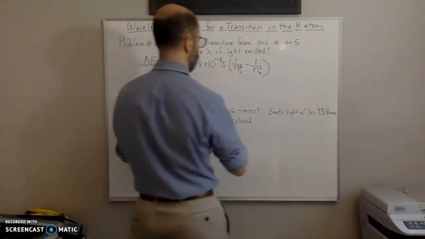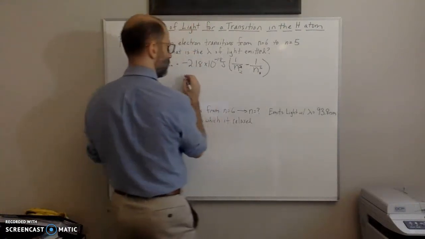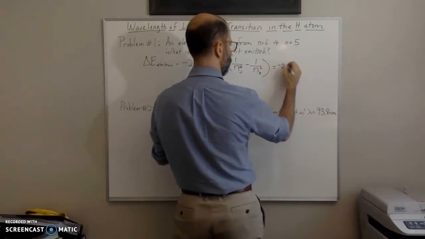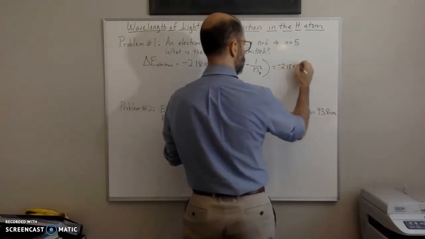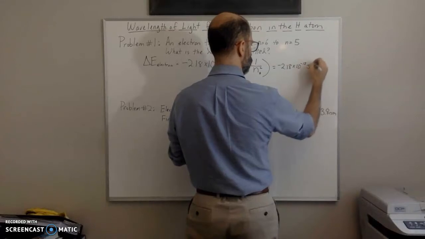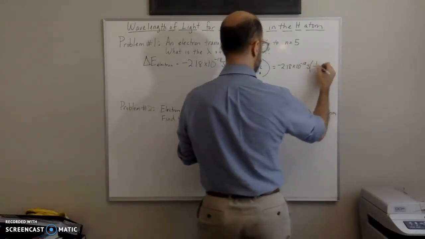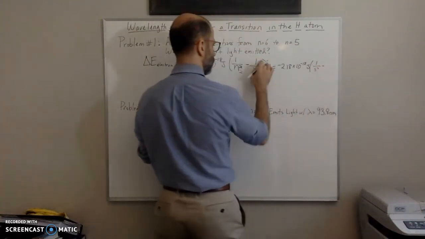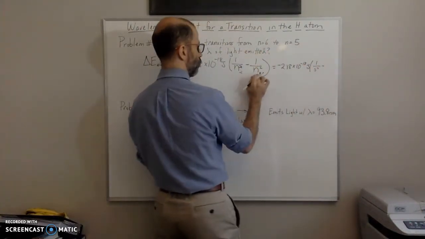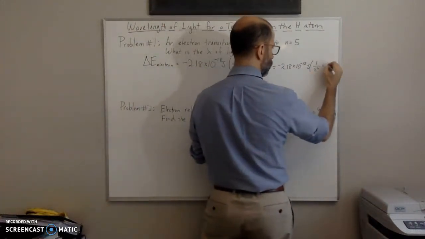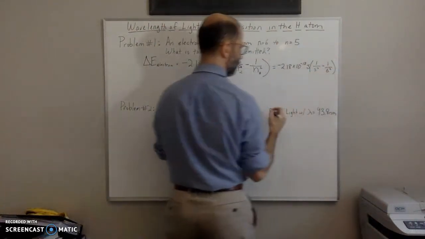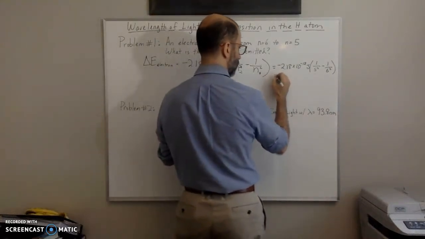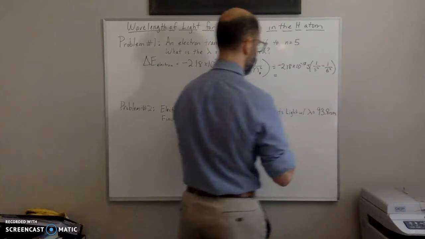This is going to be negative 2.18 times 10 to the negative 18 joules, times 1 over 5 squared, minus 1 over 6 squared. Then we just calculate this out.